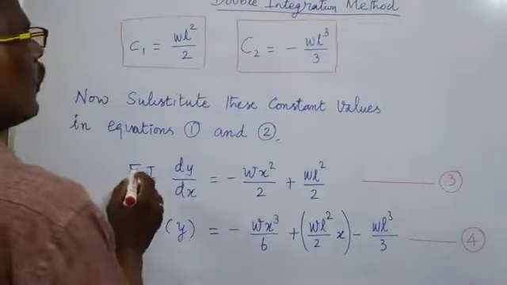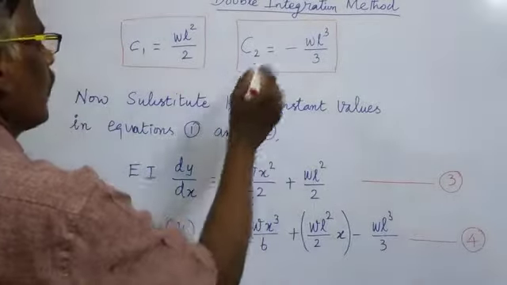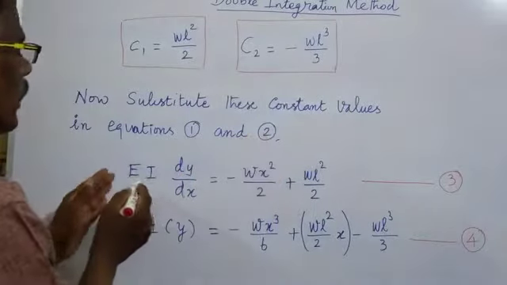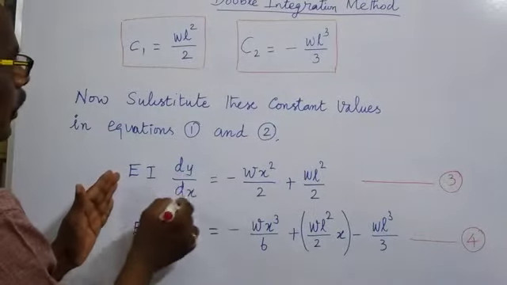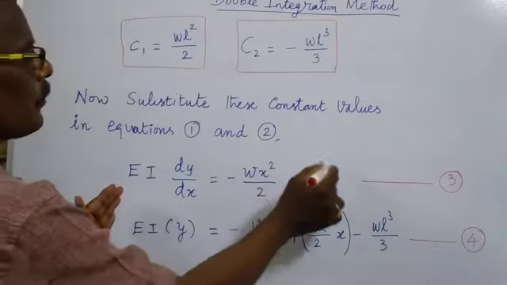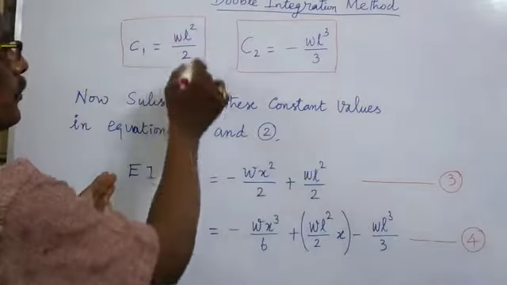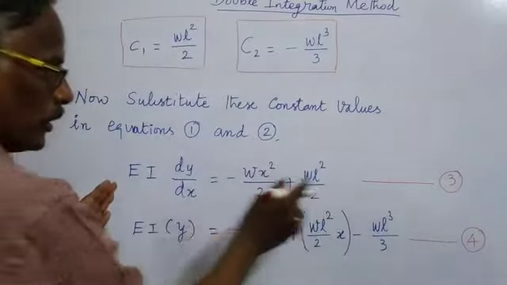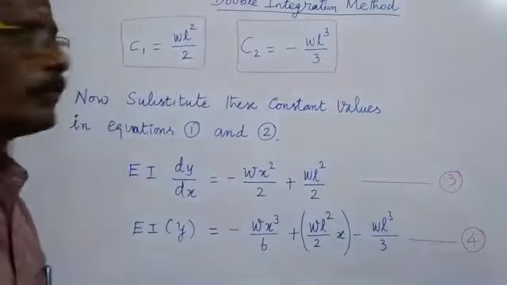Right? Okay, now substituting these constant values in equations 1 and 2, what do we get? EI dy by dx equals minus wx squared by 2. Instead of C1, we put this value WL squared by 2. This is equation number 3.